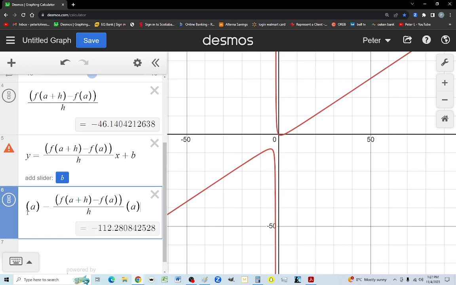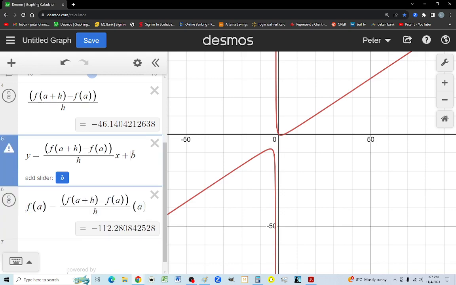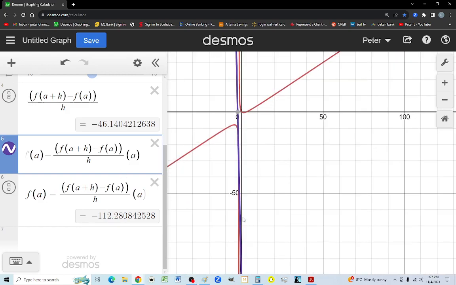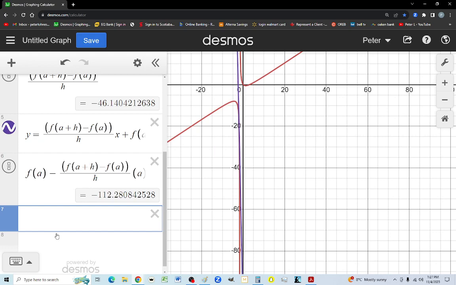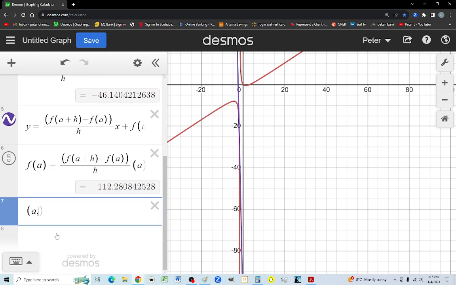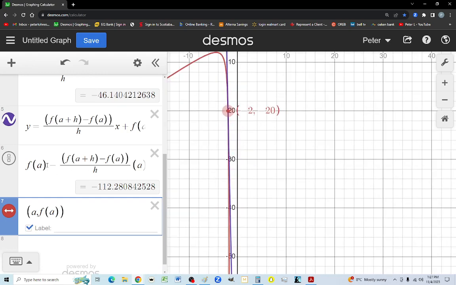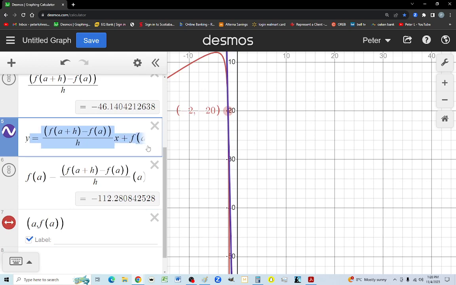And I think that was the slope, wasn't it? So since this is b, we can put it right in for b. And there we go. Let's not forget to label the line, a comma f of a. And there we go. We get the same slope formula in a very complicated slope formula.